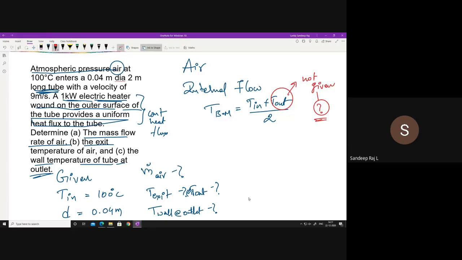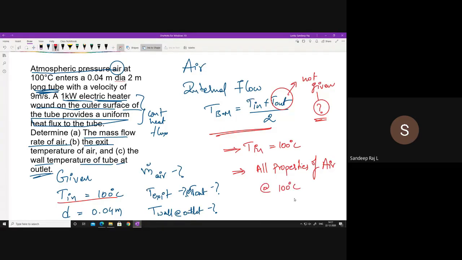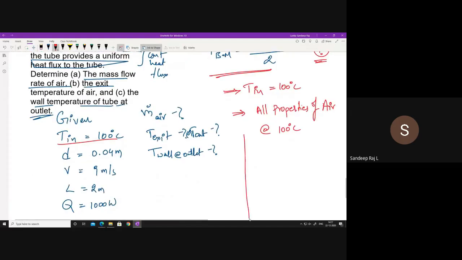So we need not take the bulk mean temperature story here. We can directly take the properties of air at 100 degrees centigrade itself. T in is equal to 100 degrees centigrade, so that means all properties of air at 100 degrees centigrade. Okay, so that's what we will do in this question.